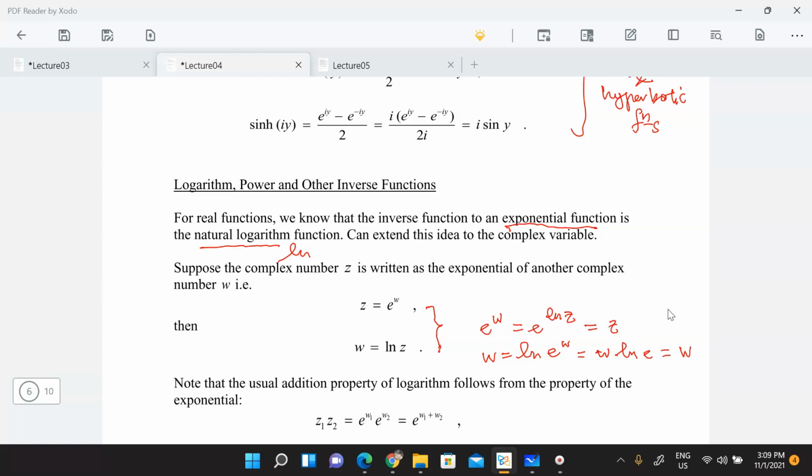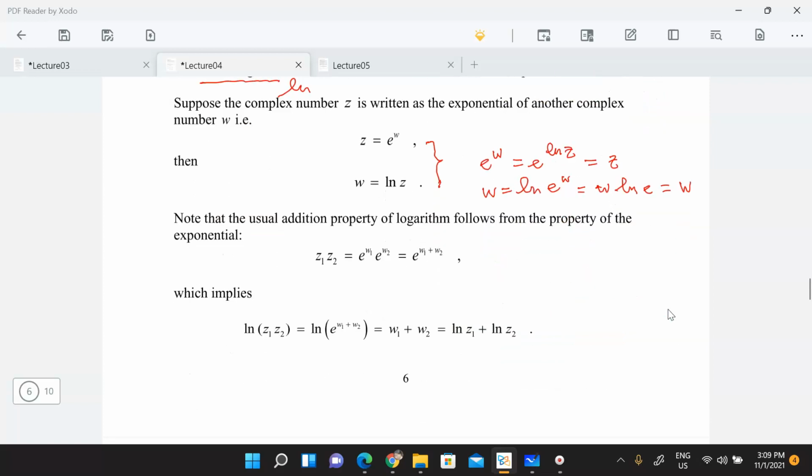Now we can check for other properties as well. Say you multiply two exponentials, and you get e to the w1 plus w2. So if I take the log of this equation, I get log of z1 z2, and then I would actually take the log of this exponential. Since log and exponential are inverse functions of each other, this becomes w1 plus w2, where w1 is log z1 and w2 is log z2.